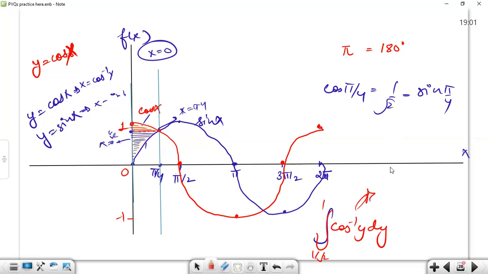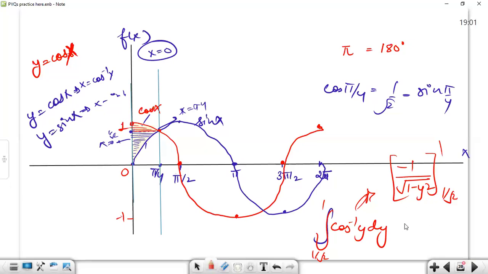The integration of cos inverse is 1 by square root of 1 minus y square, with a negative sign, between 1 and 1 by root 2.